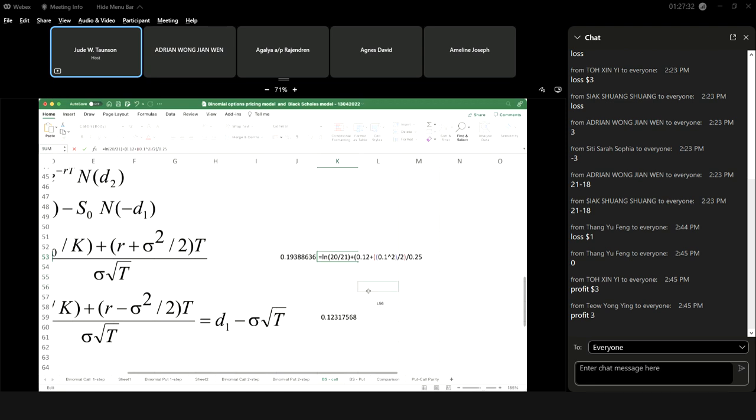So this is bracket the whole thing, divide by the standard deviation, which is 0.1, times the square root of t. What is t? 0.25. Enter. You found a typo in your formula and tried to correct it too. Oh, yes. Okay.